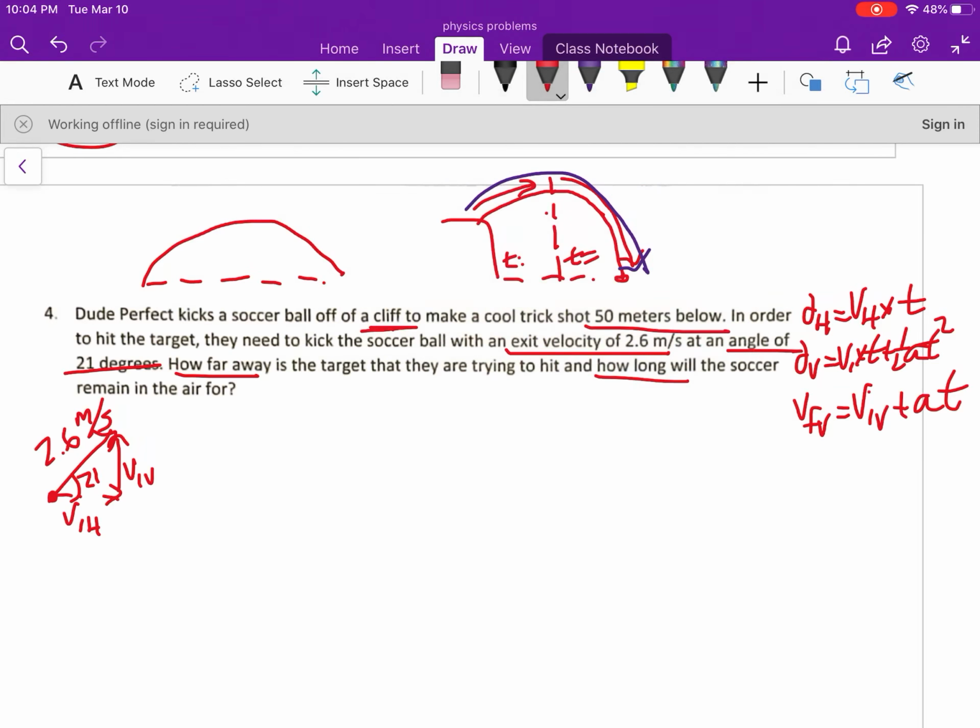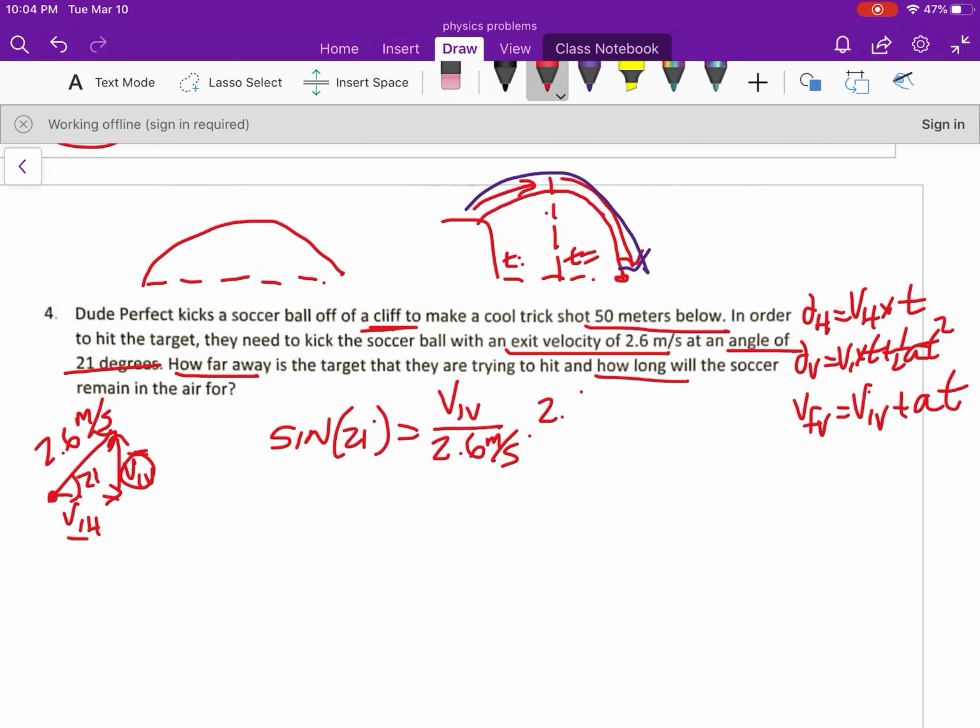So to solve for my vertical, this is my opposite side, and this is my adjacent side. So to solve for this one, I'm going to use my sine. Sine of my angle, which is 21 degrees, is equal to my opposite side, which is my initial vertical, divided by my hypotenuse, which is 2.6 meters per second.